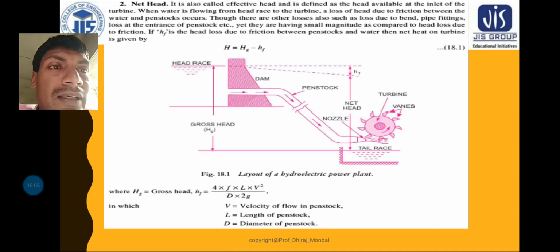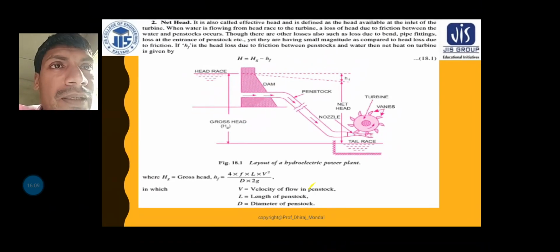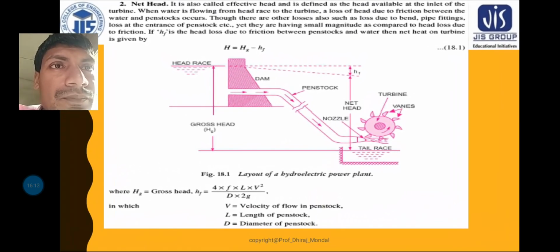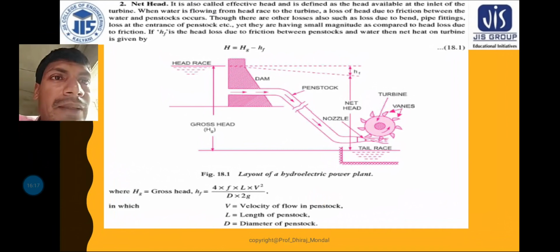So again I am telling you, this is your dam, and here it is your head race, maximum head obtained. That is your head race, and this one is your tail race. That means from here to here the water is coming.